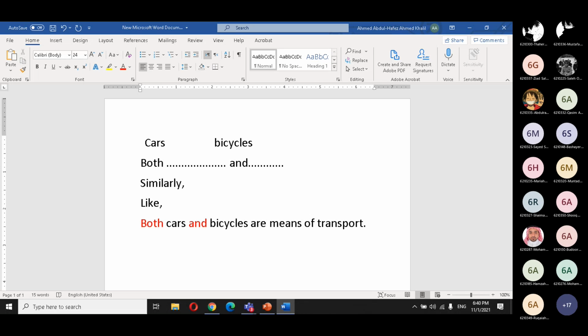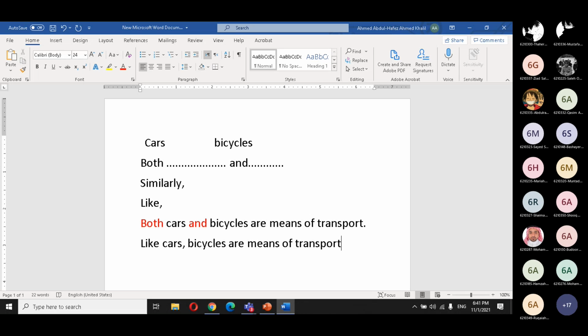You can use similarly. You can say bicycles are means of transport. Similarly, cars are means of transport. You can use like. You can say like cars, bicycles are means of transport.